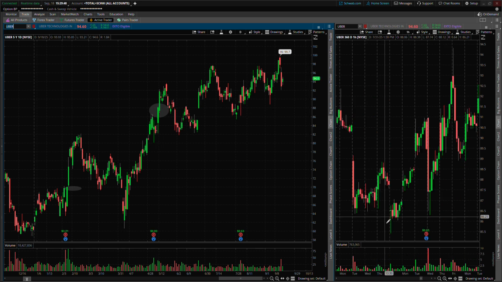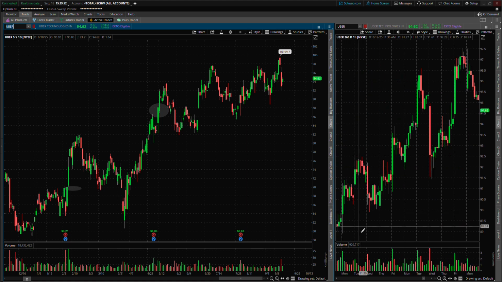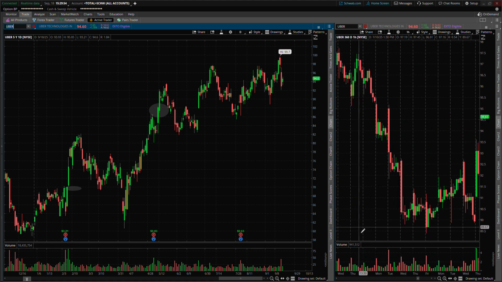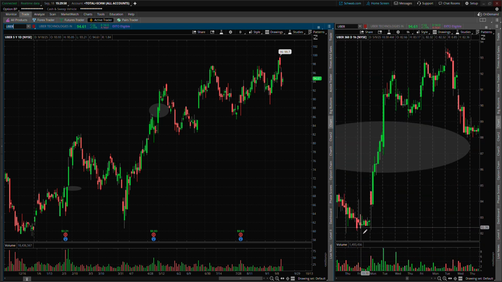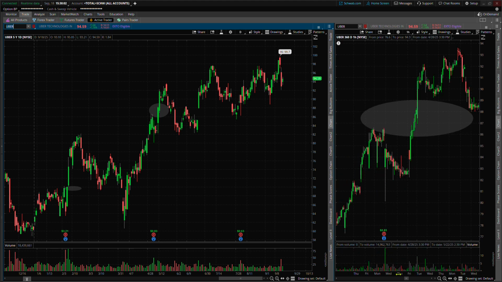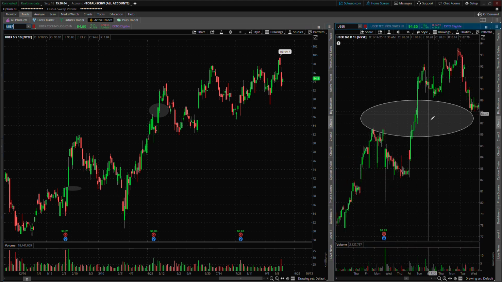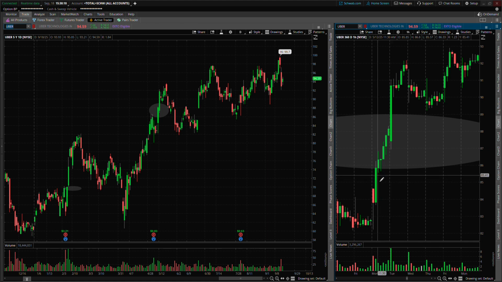And then if we drop down to our hourly chart, let's find that zone. So here is our zone right here where we have it highlighted, and we want to really zero in on this zone.